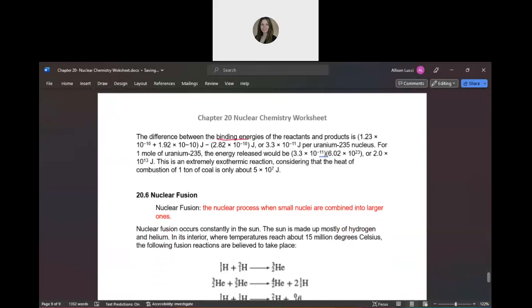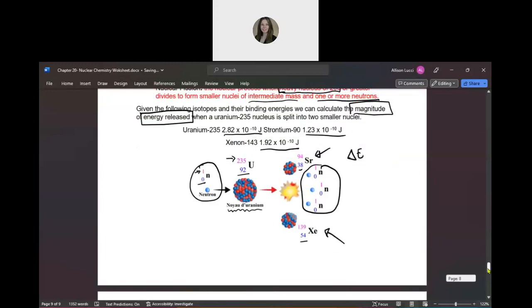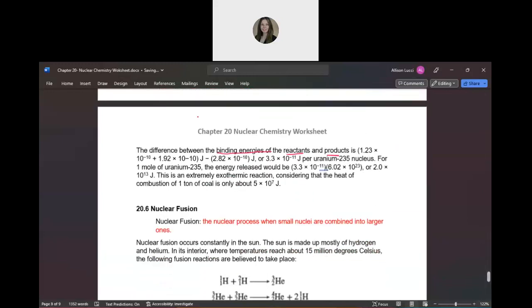We take the binding energies of the reactants and products, and we find the difference. Our reactant was the uranium, that's the 2.82 to the negative 10.